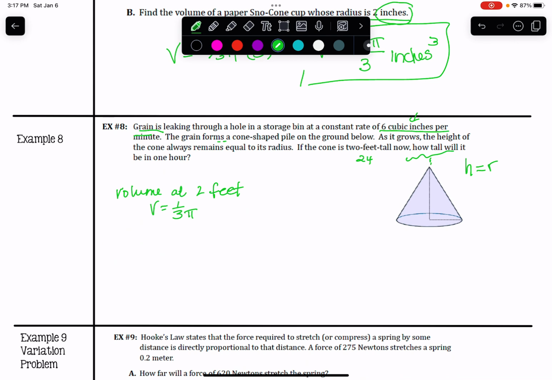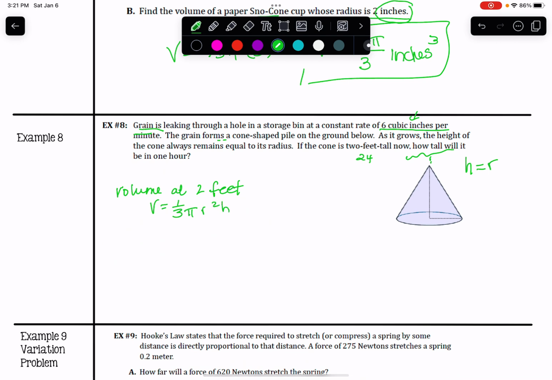Okay, so we know this is r squared h, but we also know h is r. So we can rewrite this, volume equals 1/3 pi r cubed. So the volume is 1/3 pi, and r is 24, so 24 cubed.